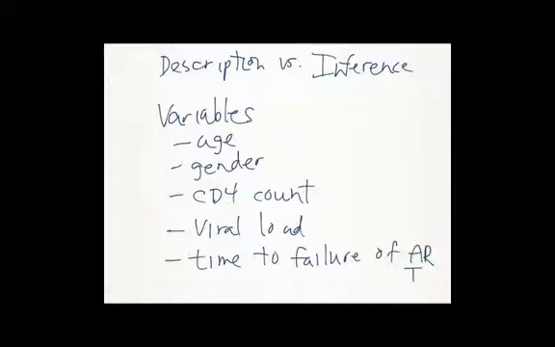Now, it's useful to categorize these variables into different groups that they belong to. So let's go to a new page. One example is a continuous variable. These are sometimes called measured variables. And so what are some examples?